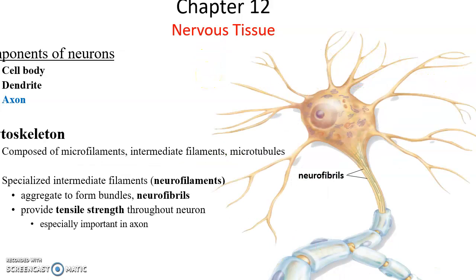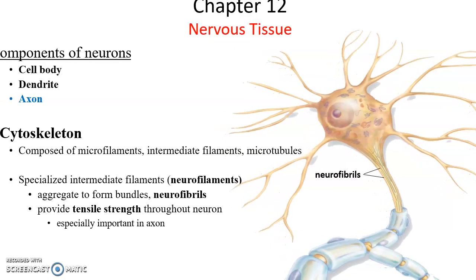All right, the cytoskeleton is extremely important for the neurons partly because they are so heavily branched out and because they have such long axons potentially. Cytoskeletons, as we know, are made up of microfilaments, intermediate filaments, and microtubules. Specialized intermediate filaments, known as neurofilaments, stretch out from the cell body down through the axons.